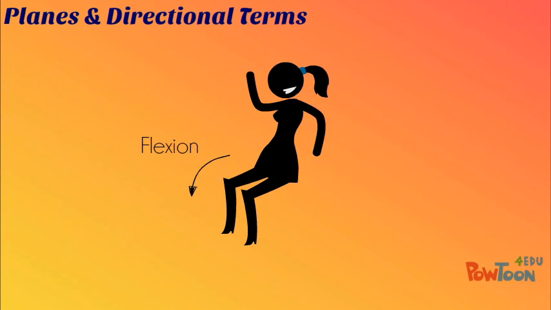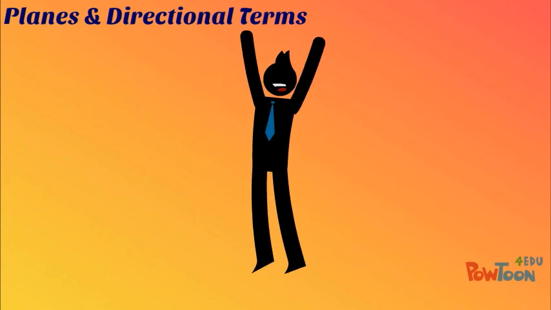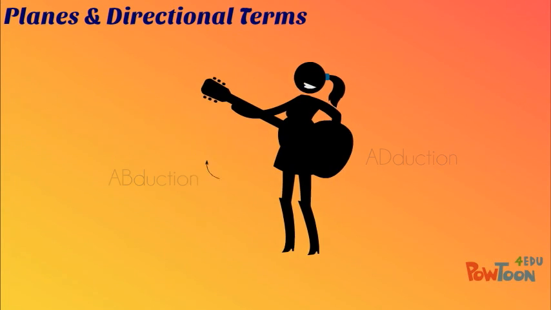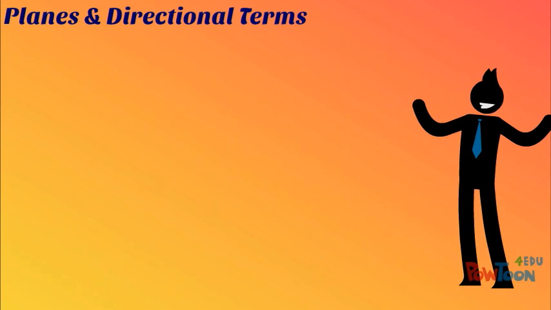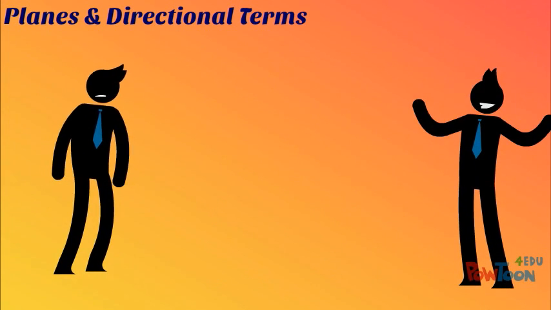While the terms flexion and extension, abduction and adduction, internal rotation and external rotation refer to movement of segments via joints around the 3 anatomical planes. You will note that I've presented these terms as pairs because they are opposite. For example, extension is the opposite of flexion.